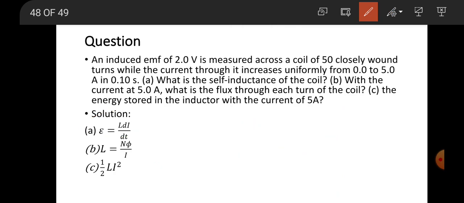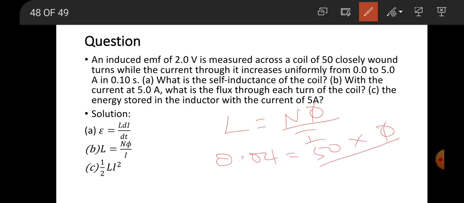Now the second question says, as the current is 5 amperes, what is the flux through each turn of the coil? Remember that we said that inductance is also N phi all over I. Your inductance, we just got it to be 0.04, equal to the number of turns, which is 50, times phi, the flux, divided by the current, which is 5 amperes.